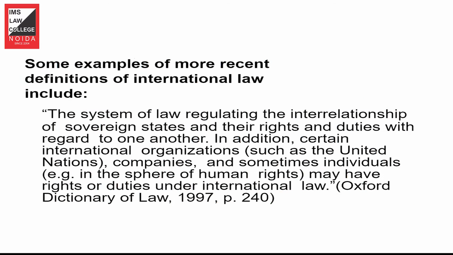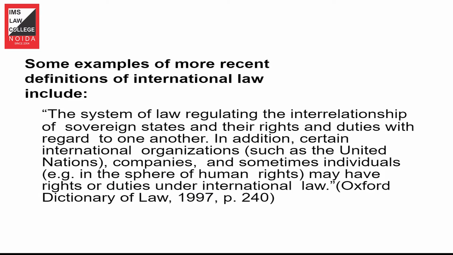There are some examples of recent definitions of international law. Some examples of more recent definitions include the system of law regulating the interrelationship of sovereign states and their rights and duties with regard to one another.